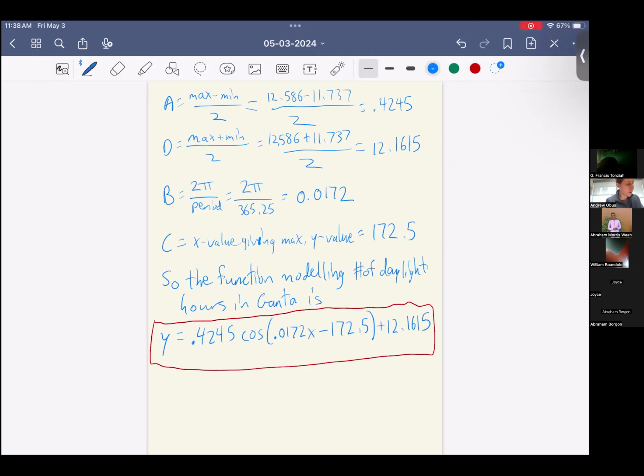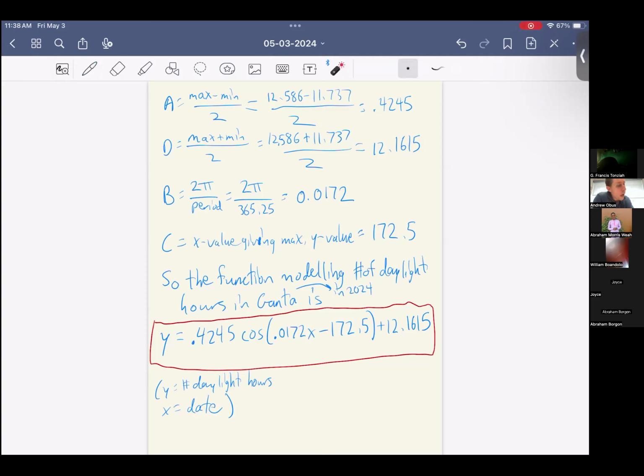Remember, y equals the number of daylight hours, and x equals the date, given by 1 is January 1st, 2 is January 2nd, and so on. Okay, so this has gone to at least in 2024. So this is kind of cool, right?